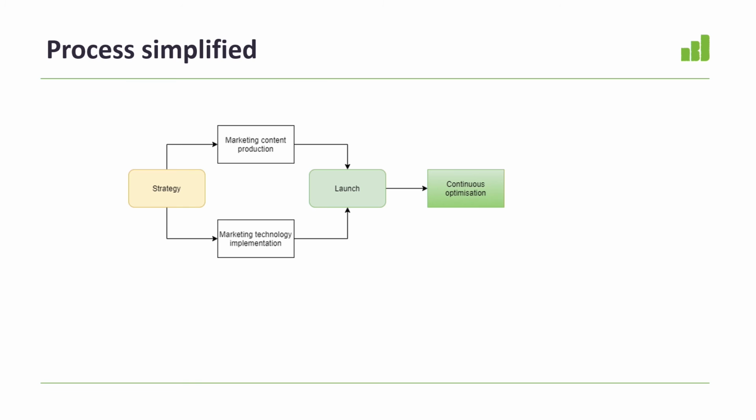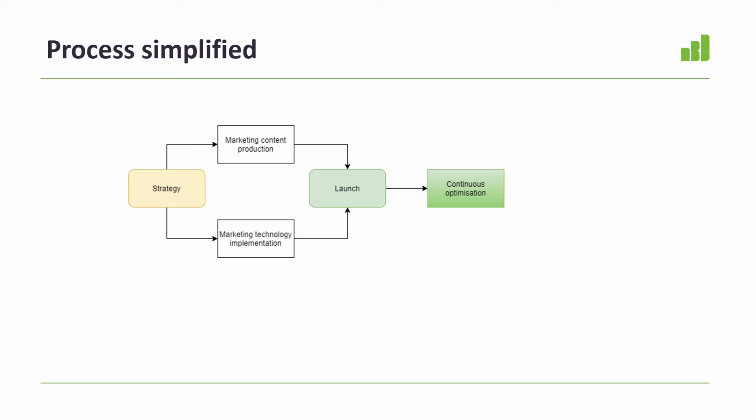If we look at a very simple way of how the process looks, or what you really need to do to implement a digital sales engine to start lead generation, first of all you need to start with strategy, with the things that we talked about in the second part of the webinar about how to stand out, how to position your product, decide about target markets, buyers, etc. Then you can proceed at doing basically two things at the same time, because both of them take time. It's developing marketing content and it's implementing marketing technology. Then you launch. And then all the fun things start.